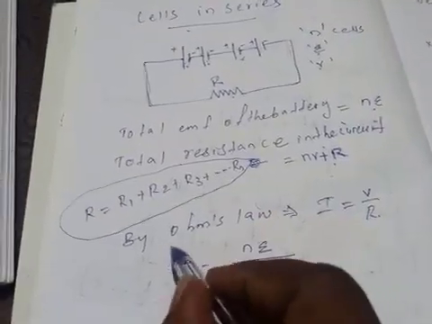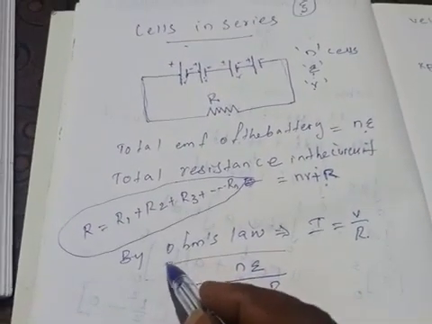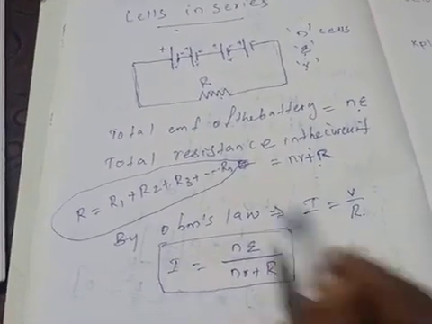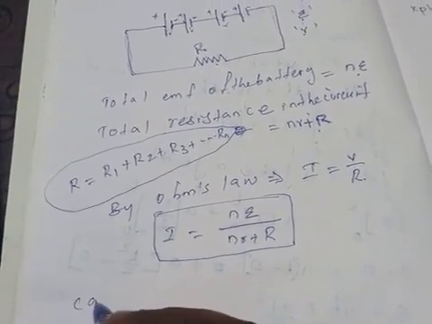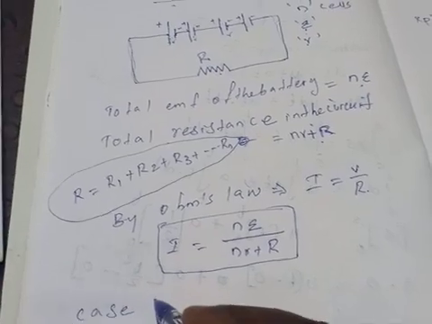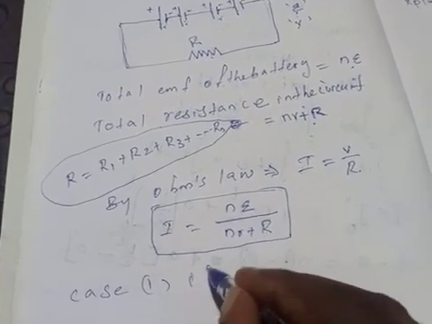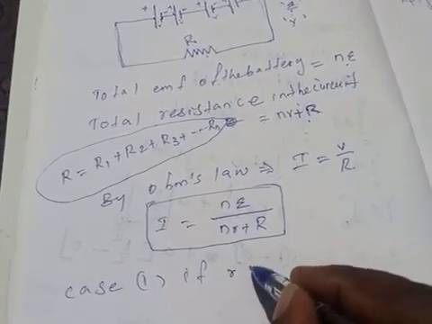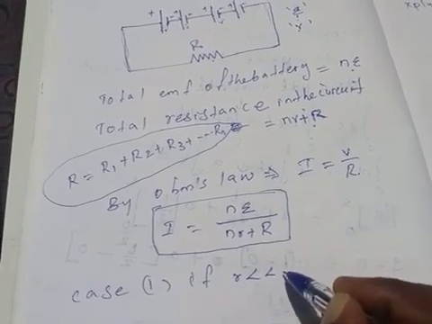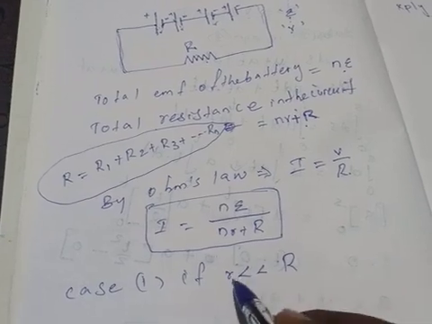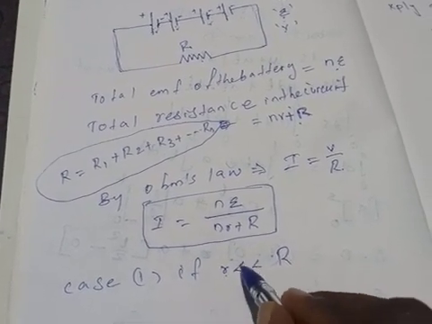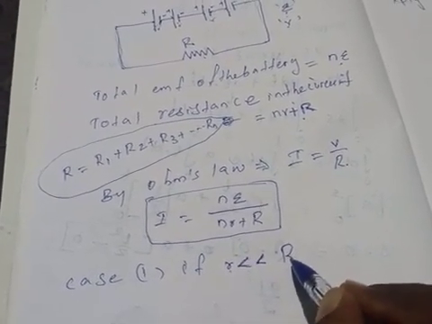Now this is the current in the circuit. I we got. Now consider two cases. The first case is case 1. If R is very much greater than r, that is, the internal resistance is very much less than the external resistance.